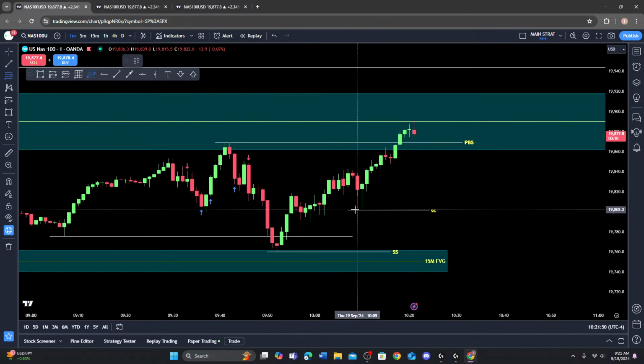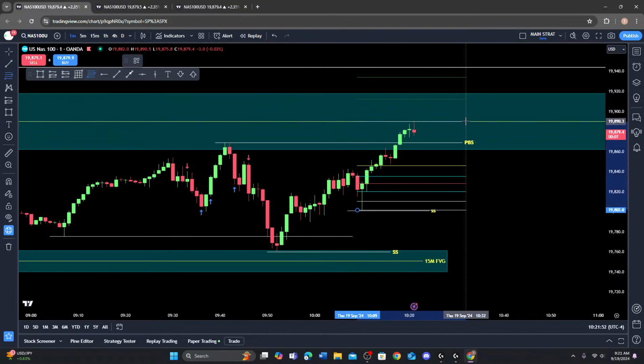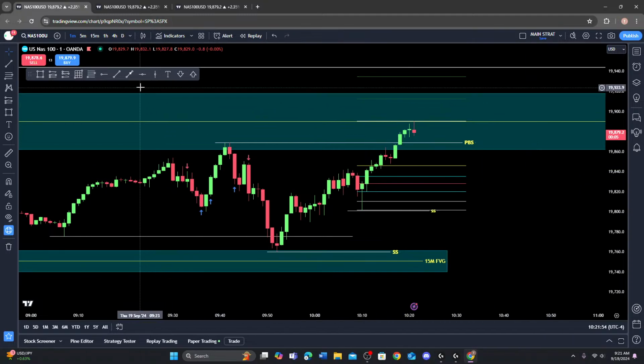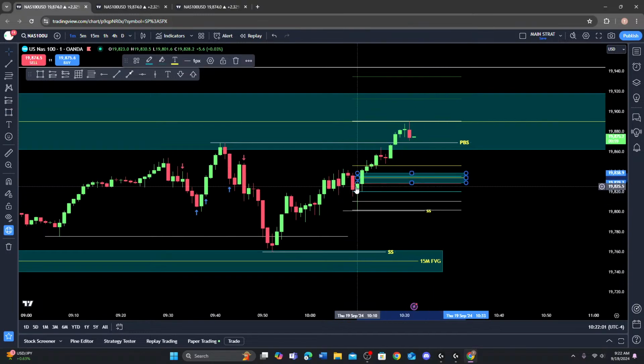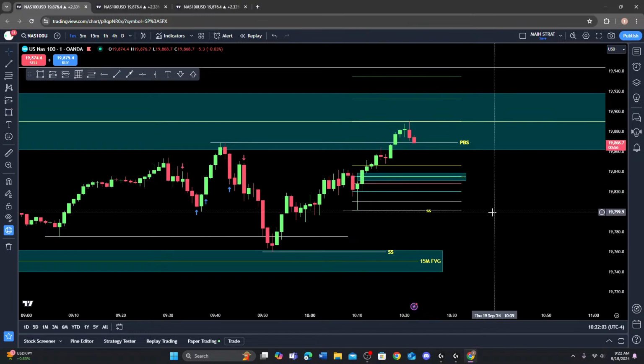What I would like to see, if we do see a trade here, I wouldn't mind taking that trade.